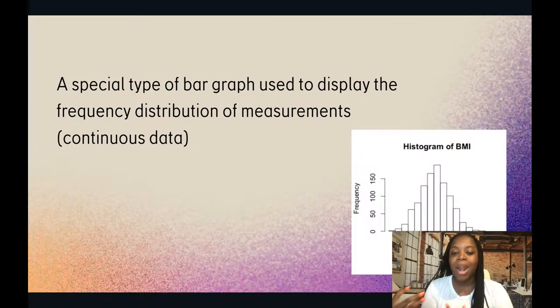It has some more added layers to it, and it contains continuous data. Once again, if you don't know the difference between discrete and continuous data, then that's something that you want to look up and understand, because that's important for a lot of the questions that you'll see on the RHIA. They will ask you or mention those key terms, okay? So continuous data, and it displays frequencies.